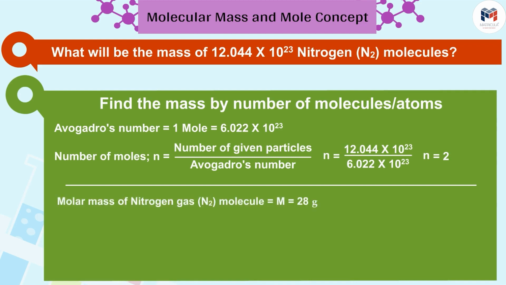We will then multiply the number of moles by the molar mass of nitrogen gas N2, by the process learned in the previous example, to find the mass. Thus, 12.044 into 10 raised to 23 nitrogen gas N2 molecules has a mass of 56 grams.